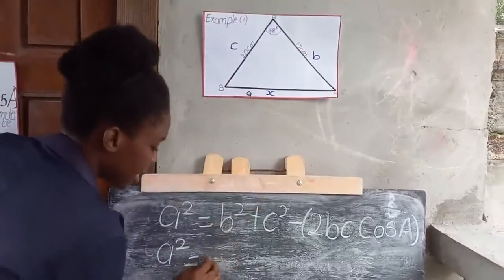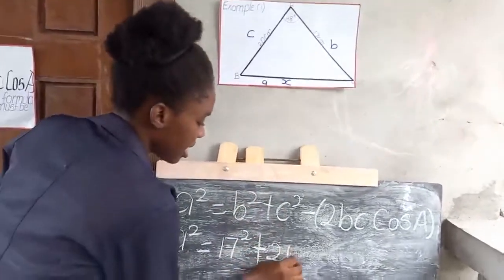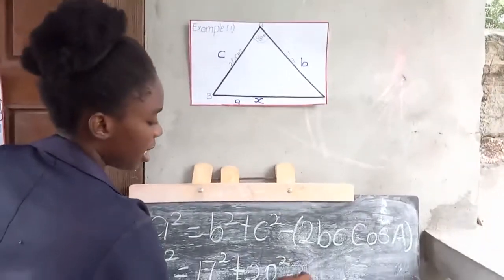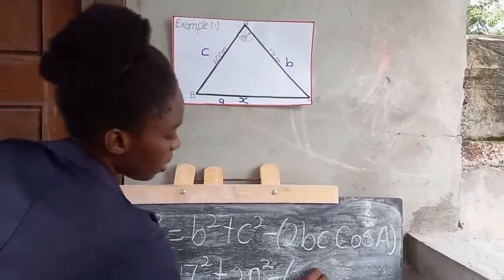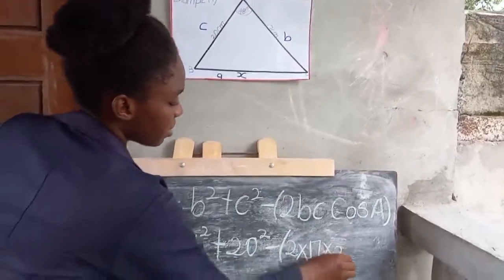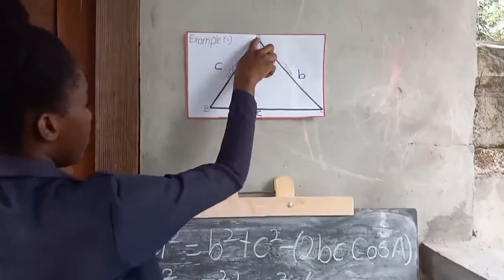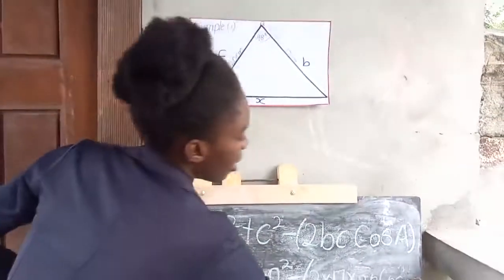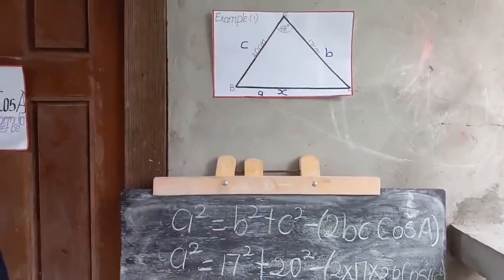B, we know it's 17 squared, plus c, we know it's 20 squared, minus, we open our bracket, 2 times b, which is 17, times c, which is 20, and cos A, which is angle A, is going to be 48 degrees. And we close our brackets.